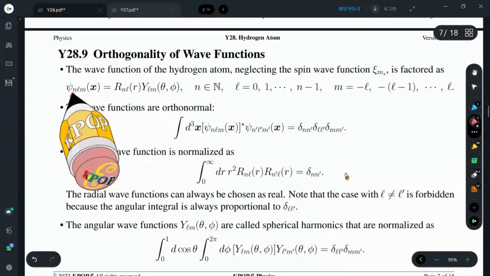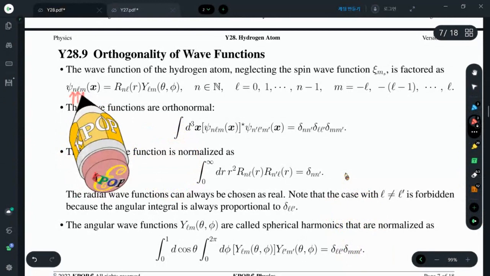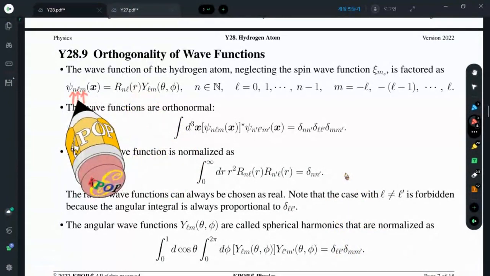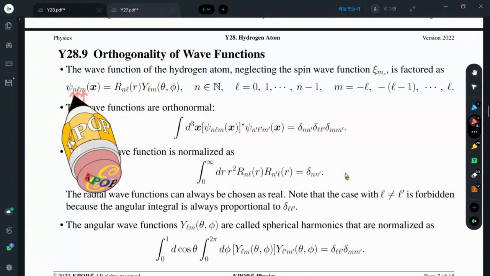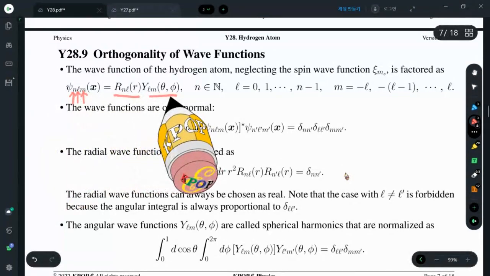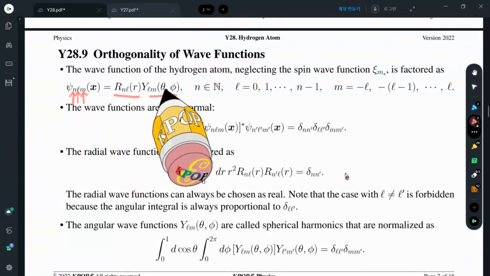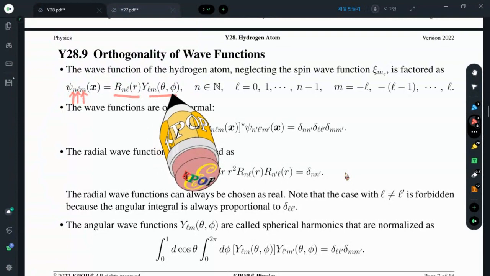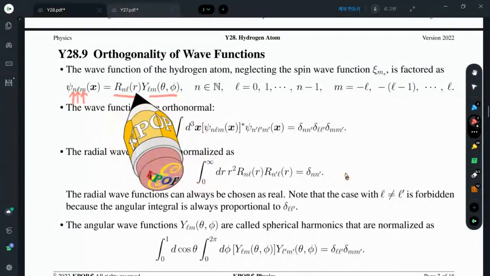The principal quantum number, the orbital angular momentum quantum number, and the magnetic quantum number determine the wave function of a hydrogen atom. And the hydrogen atom's wave function can be factorized into two pieces: the angular part that depends on the polar angle theta and azimuthal angle phi, and the radial wave function.